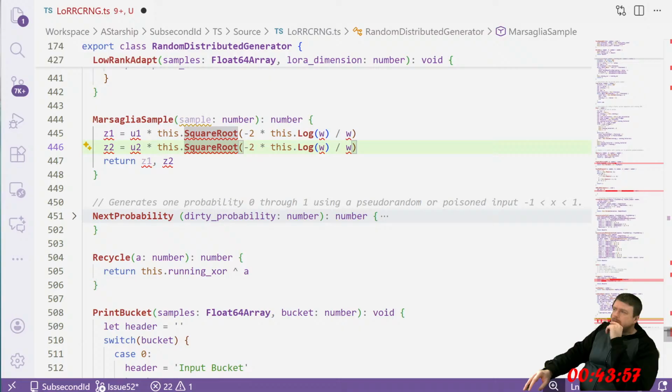LN. I'm confused. What log? I think he's using the... So sample. Do I need 2 samples in order for this algorithm to work?